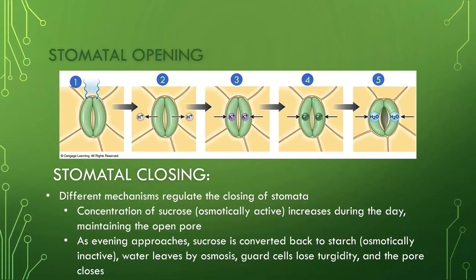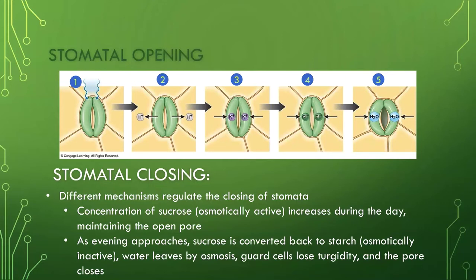There in picture number 3, you can see potassium being pumped into the guard cell, and the inside of the guard cell becomes positive, and therefore chloride follows because that's a negative ion. Then the inside there becomes what we would call hypertonic. It has a lot of solute in it. The potassium chloride is a solute, it's a salt. And when things are very salty, it draws water toward that area as well.